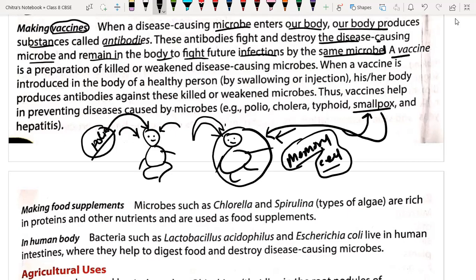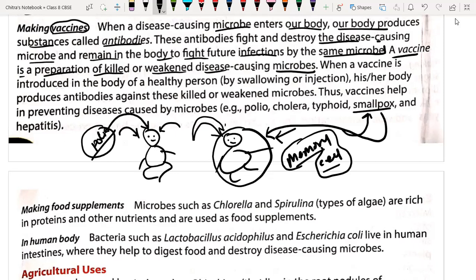Yes, a vaccine is a preparation of killed or weakened disease-causing microbes. So what vaccines basically do is weaken those disease-causing microorganisms or kill them completely.